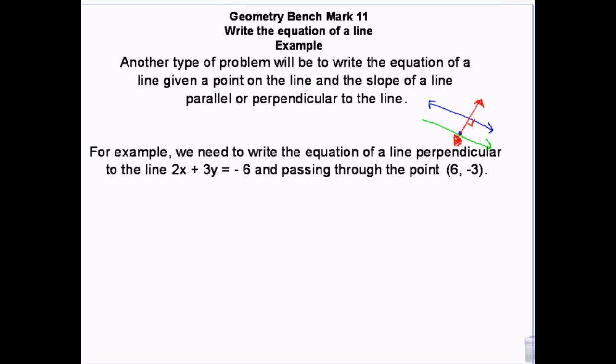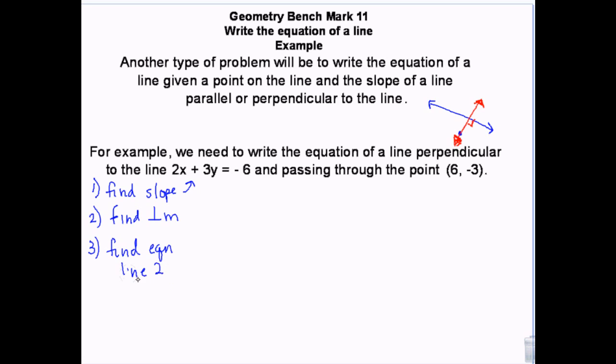So I take the equation they gave me, and the first thing I need to do is find the slope of that line. Then I need to find my perpendicular slope, and then I use that and I find the equation of line 2. So those are my steps.